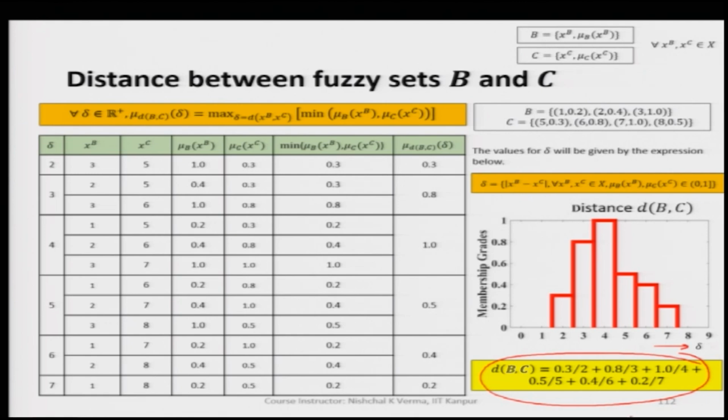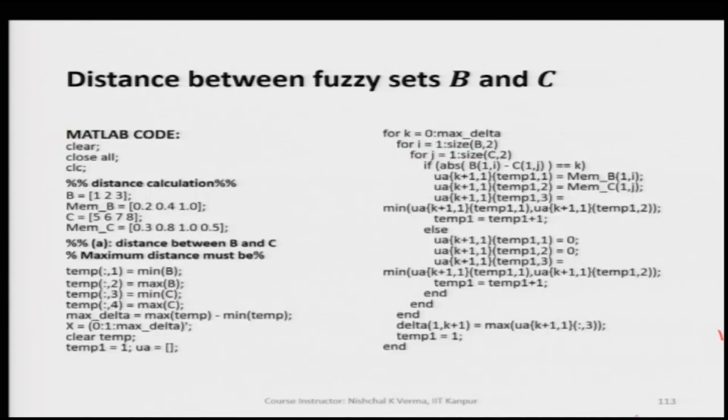When we plot this, we get this plot, which represents the distance between B and C. Here we have the MATLAB code for finding the distance between two fuzzy sets B and C. If you are interested, you can use these MATLAB codes for finding the distance between two fuzzy sets and generating the plot for the resultant discrete fuzzy set.